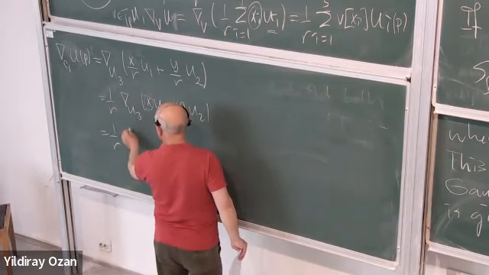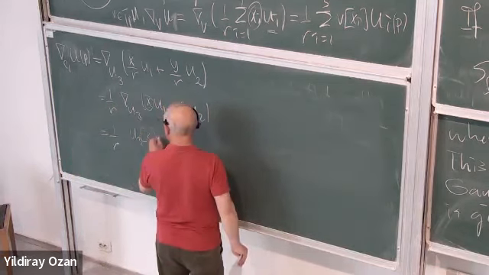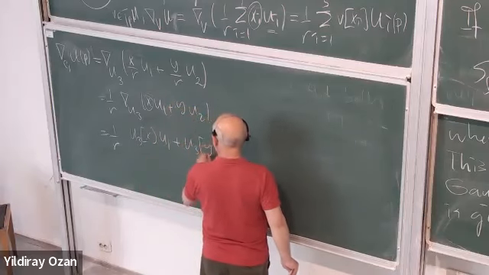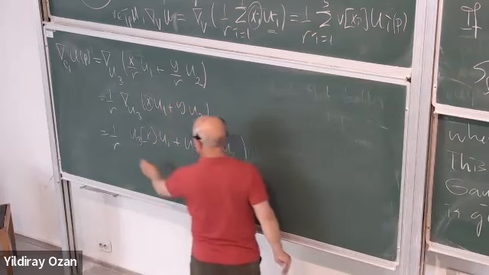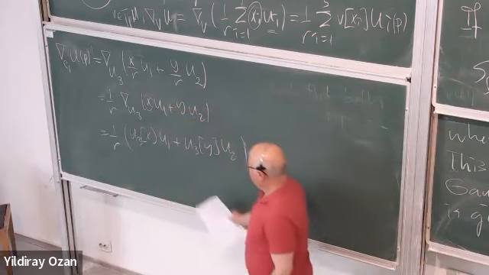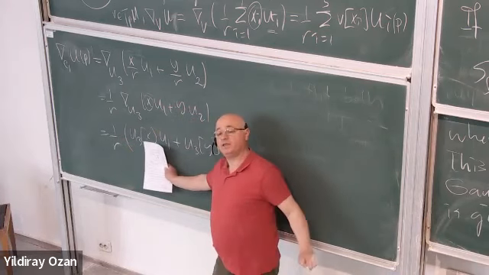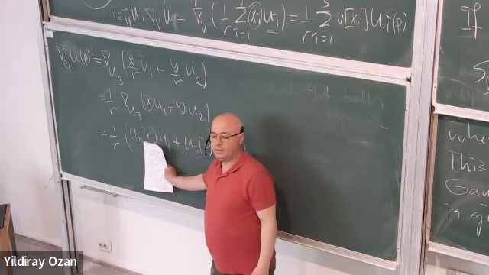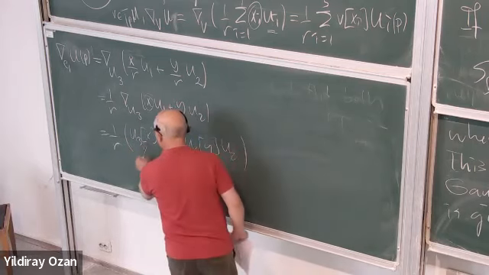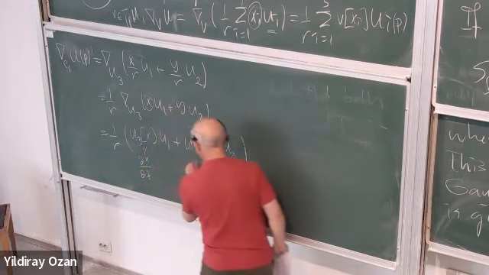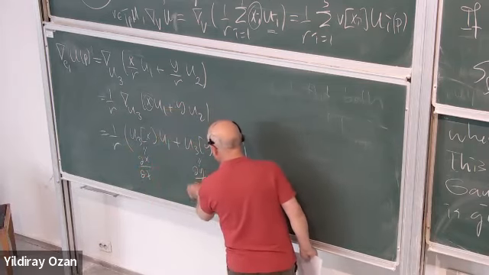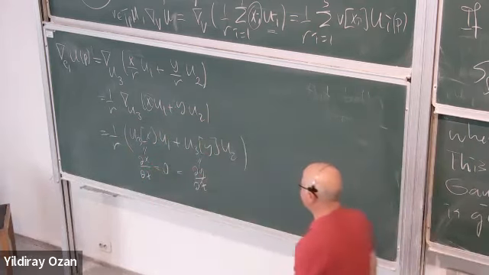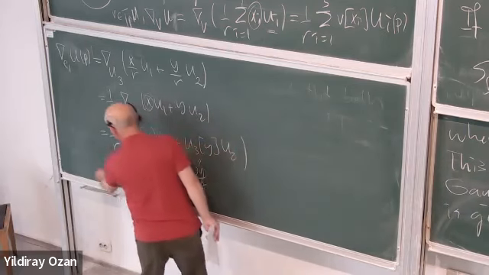So this is just U3 of X times U1, and then U3 of Y, U2. But this is just derivative, directional derivative along the Z-axis. So this is just del X, del Z, and this is just del Y, del Z, which are both identically 0. So this is 0.